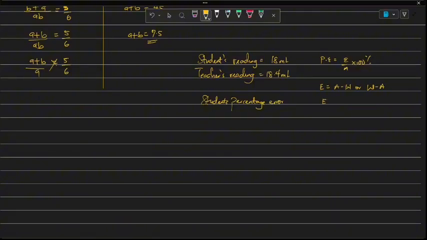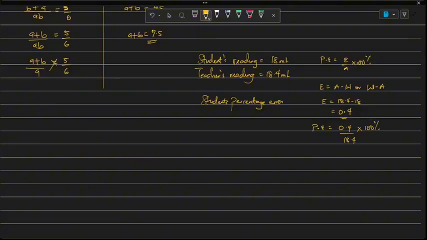Our error is 18.4 minus 18, which makes the error 0.4. Please do not assume the wrong reading is the error. Good. So we can now say percentage error is equal to 0.4 over the actual reading, 18.4, times 100%.